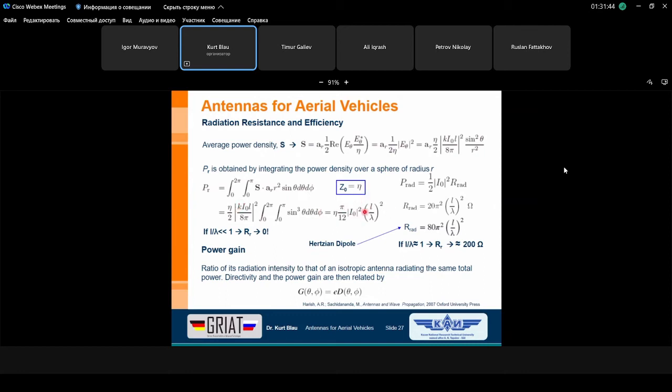Now we look at the definition of the radiation resistance, given in this formula. It's very primitive.